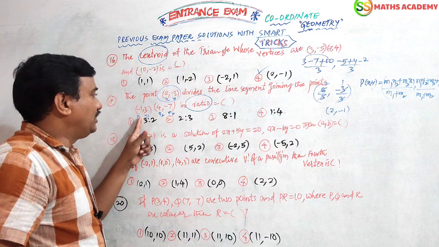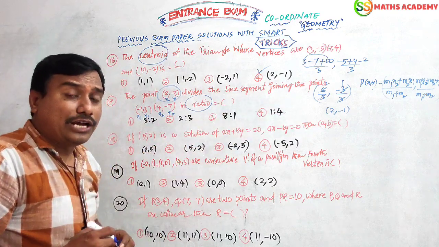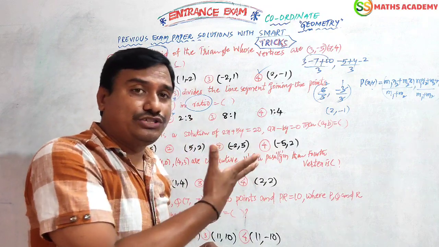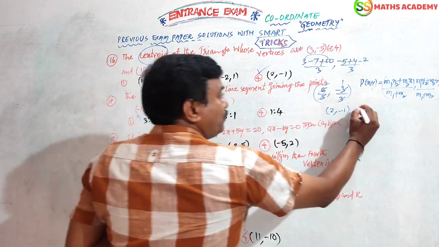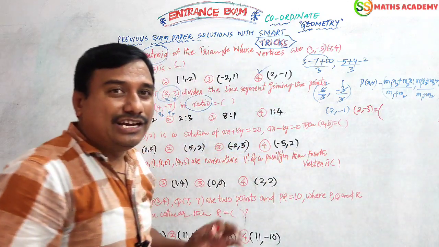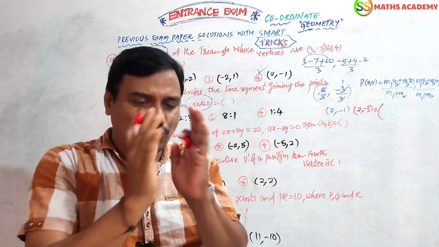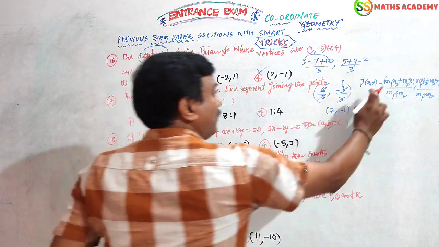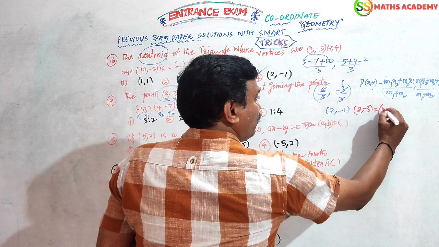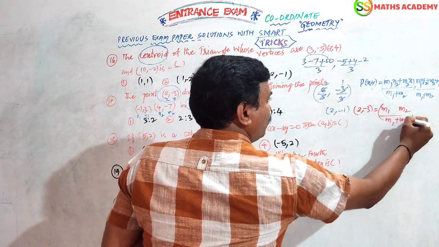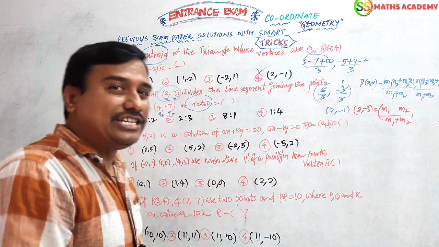These 2 points you substitute. I will tell you a shortcut also, after the substitution. Let us see. (2, minus 3) equals. I don't substitute the second value. I substitute only the first value because I want to follow the shortcut. M1, M2, I don't know, because I have to find the M1 and M2 ratio only.